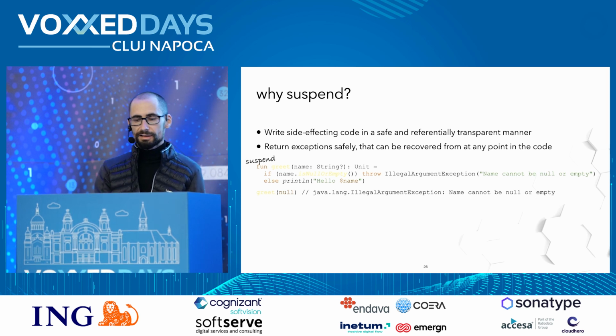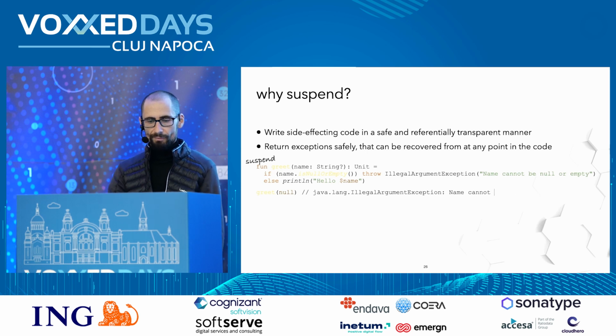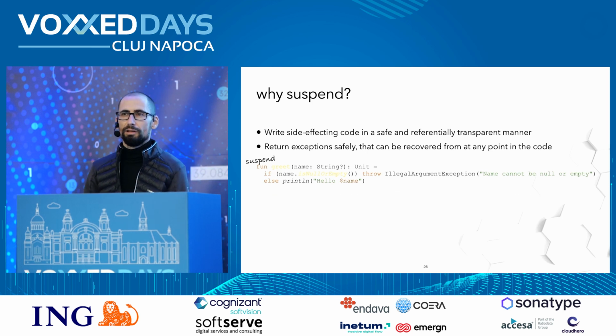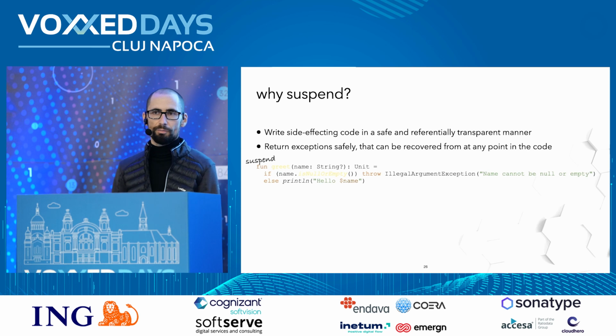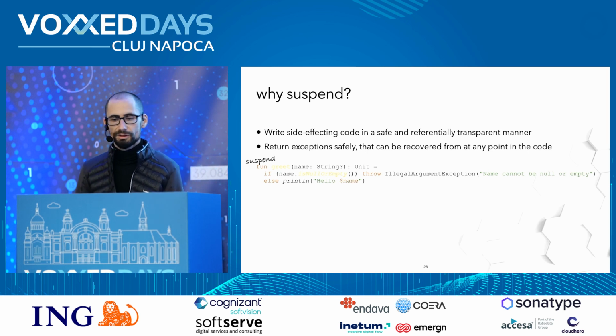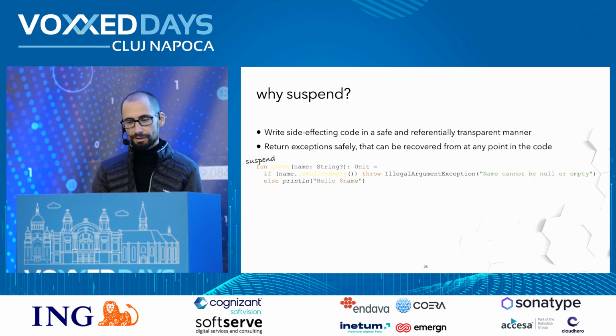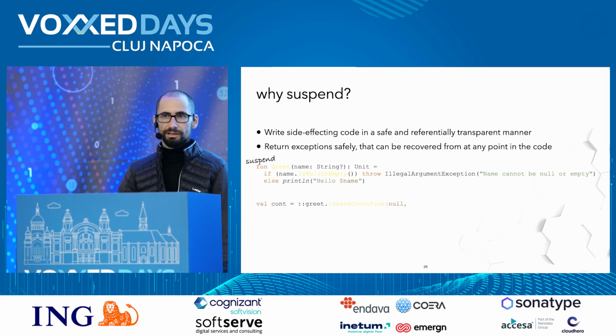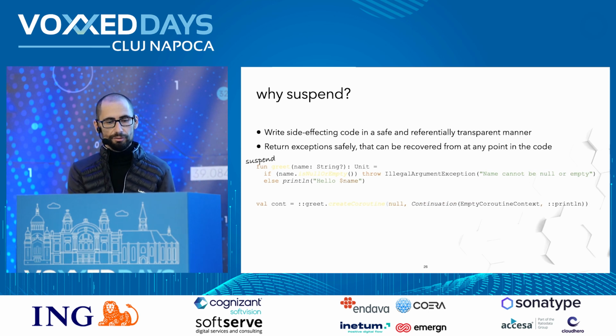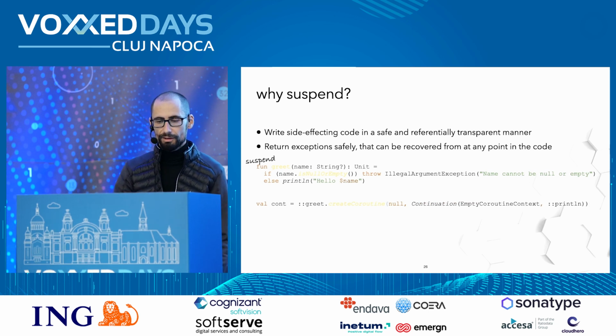But by adding the suspend keyword, I'm going to use a low-level API that you are probably never going to have to use in your day-to-day work, but this is just to prove a point, to show you how suspend and suspendable functions can help us. So instead of calling it directly, we're going to use the API createCoroutine that takes 2 arguments.